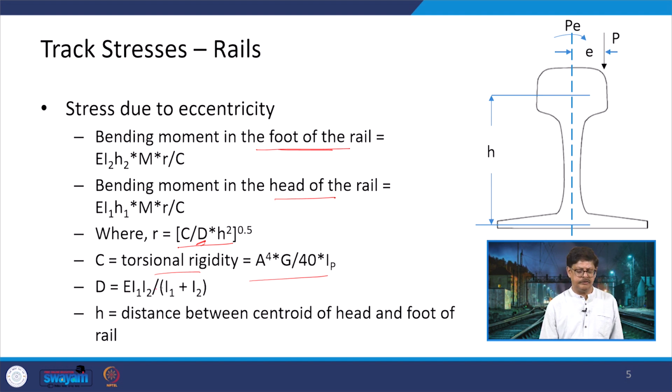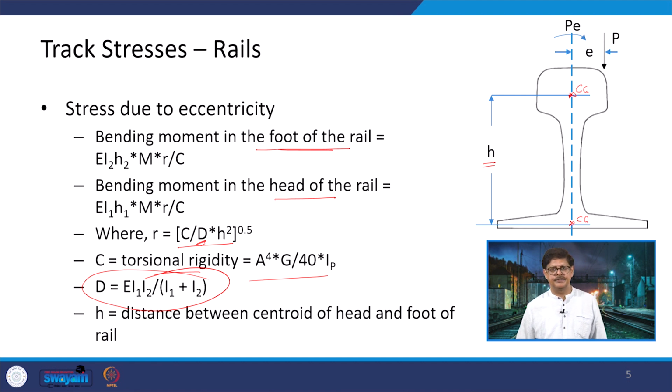So, it is a cumulative effect of the moment of inertia of the two sections along with the modulus of elasticity, and as E and I, this gives you a stiffness condition. So, we are getting some effective stiffness out of here, and H is the distance between the centroid of the head and the foot of the rail. So, if we consider this is the centroid CG of the head and say this is the CG of the foot, then this is the distance between these two centroids.